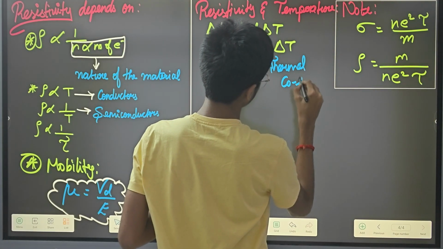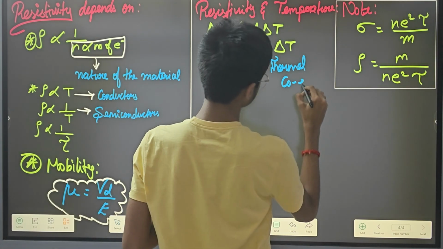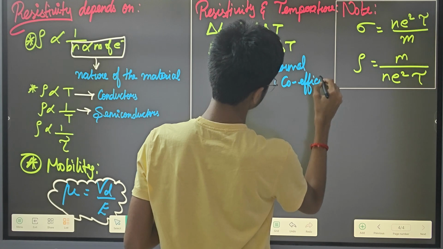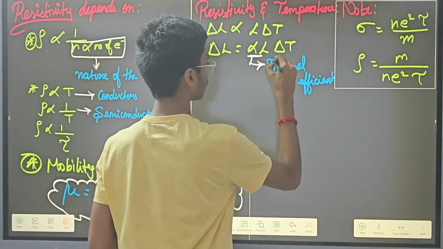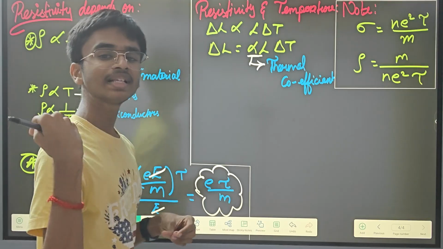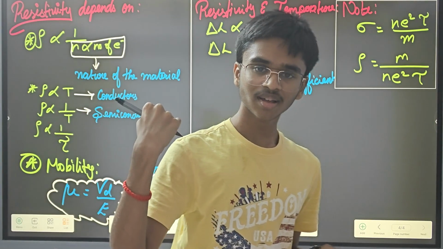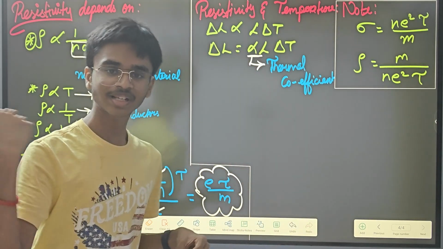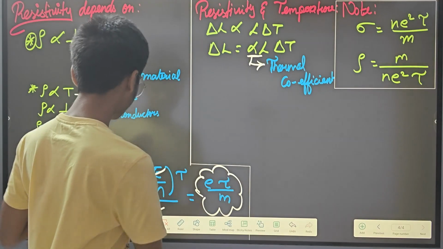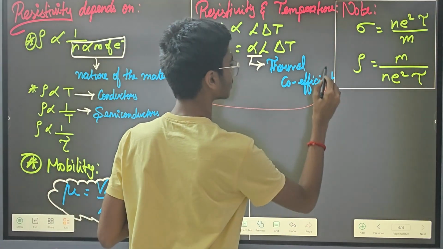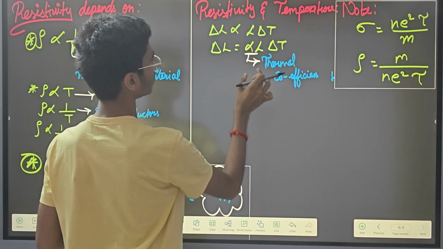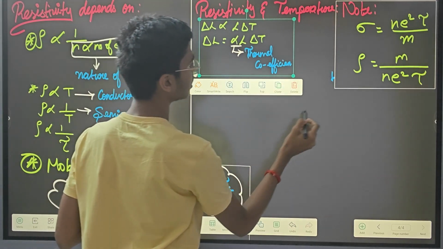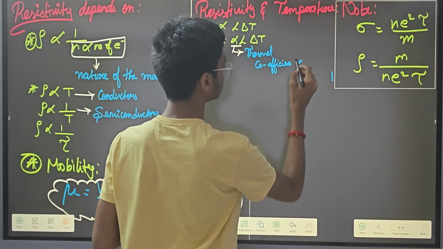So delta L is equal to alpha into L into delta T. This is something that you have to know. Just a basic concept, but it is not in our class 12th. Now we are going into the class 12th concept. If you know this, I personally feel this concept will be very easy.